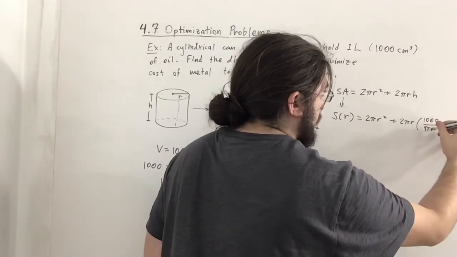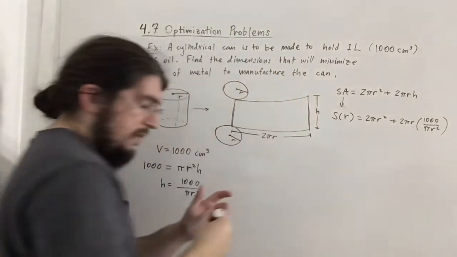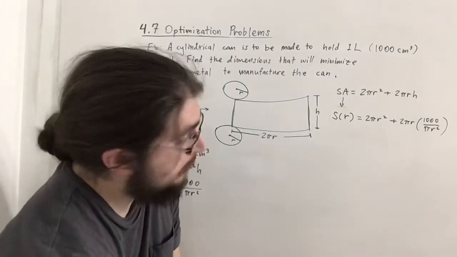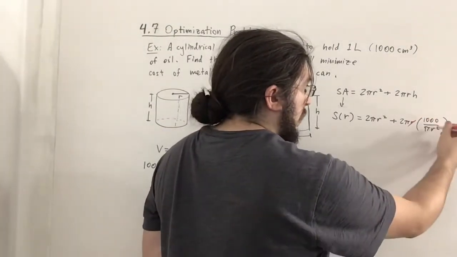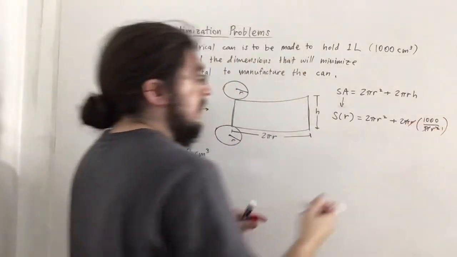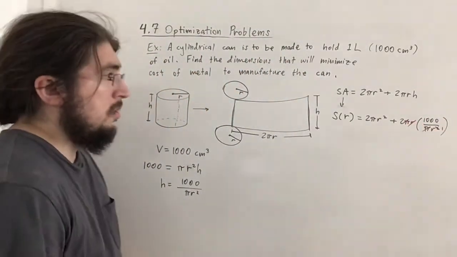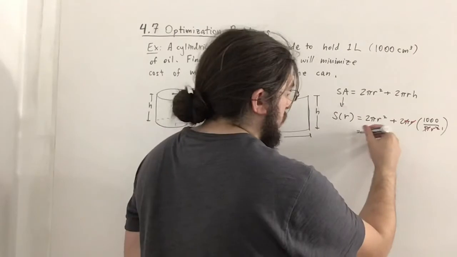There's a little bit of cancellation and combination for the last term here. So 2 times 1,000 is 2,000. One of the r's cancels and the pi's cancel completely. So really we get 2,000 over r.